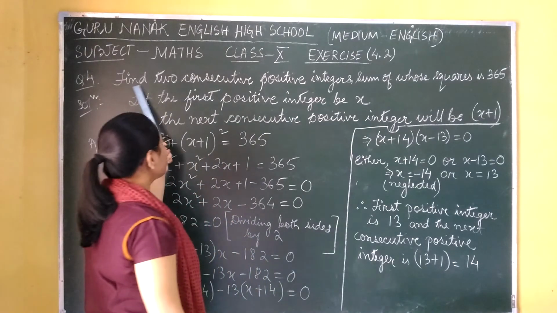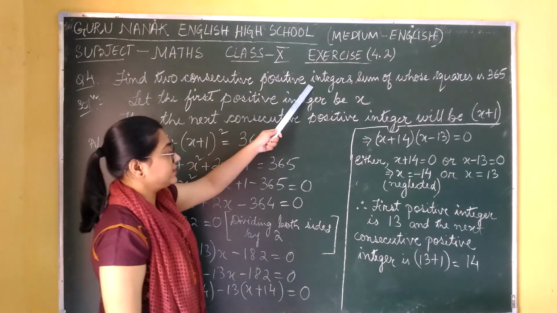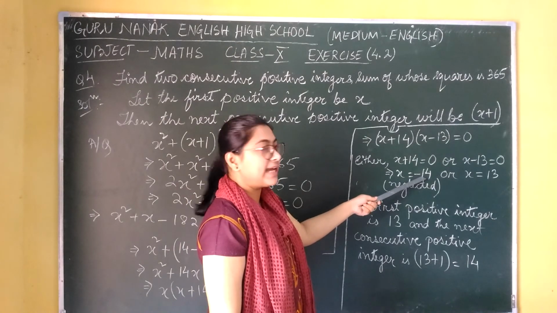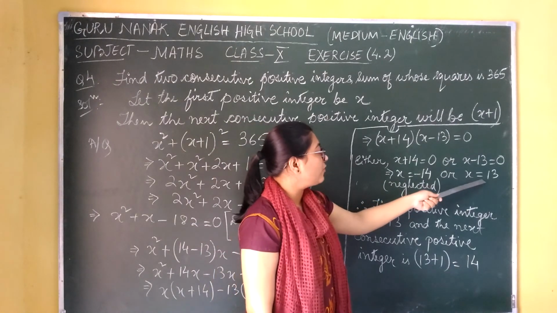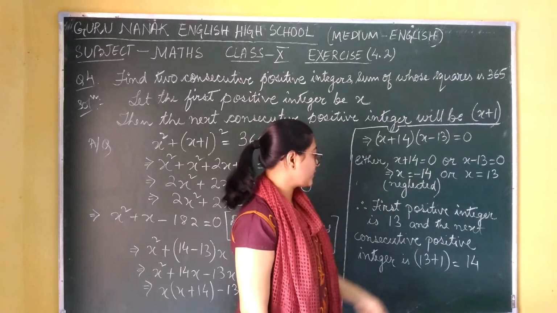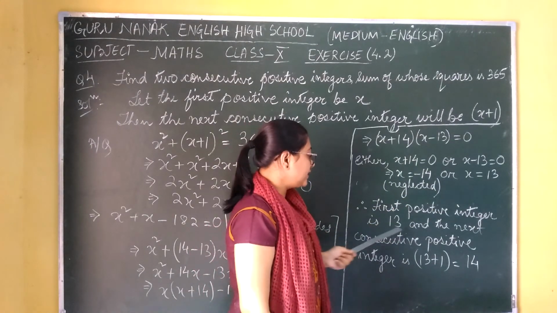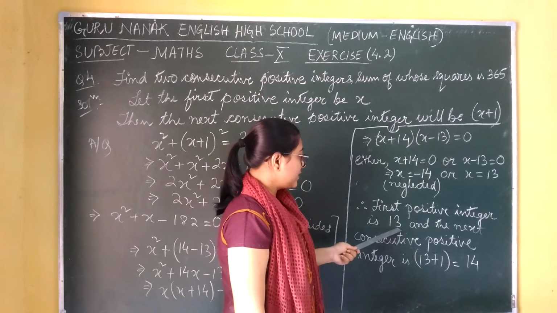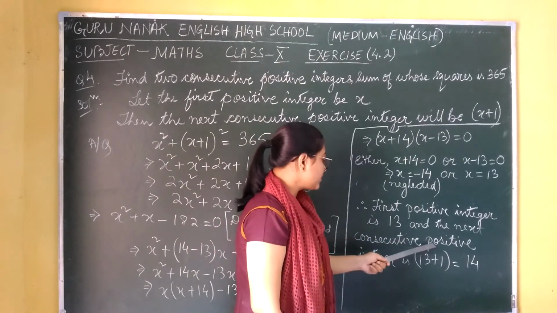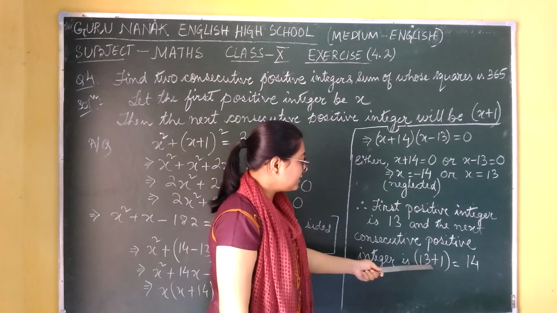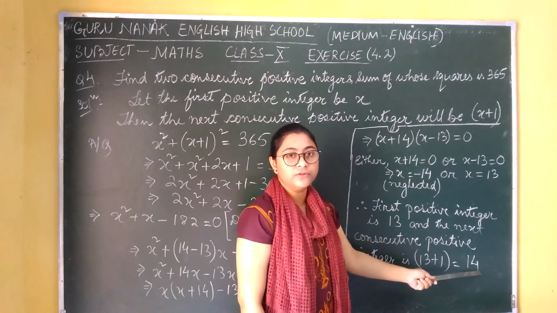Because in the question it is already mentioned positive integer, and this is negative. So we will consider the value of x to be 13. Therefore the first positive integer is 13, and the next consecutive positive integer is x plus 1, that is 13 plus 1, which is equal to 14.